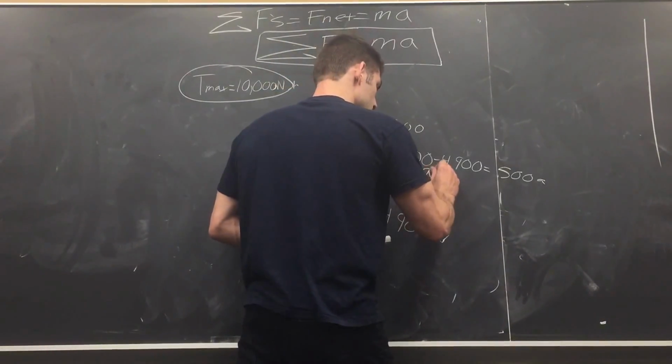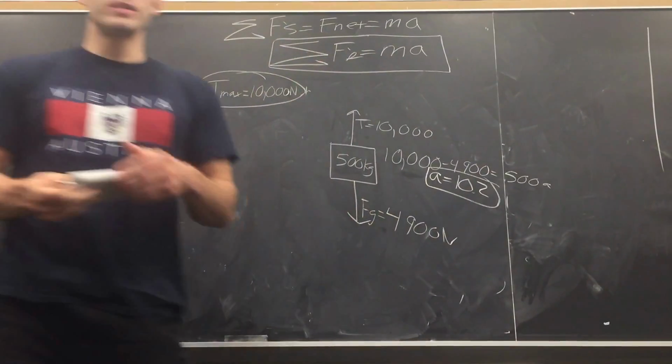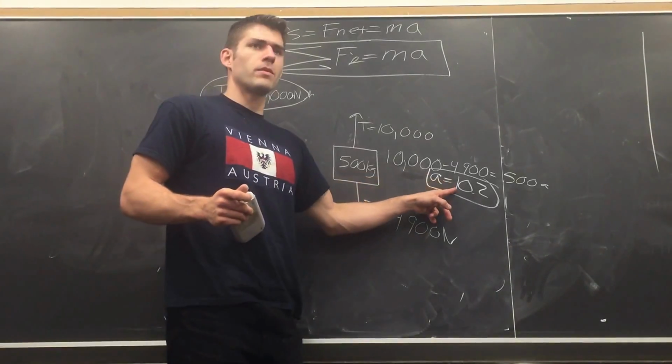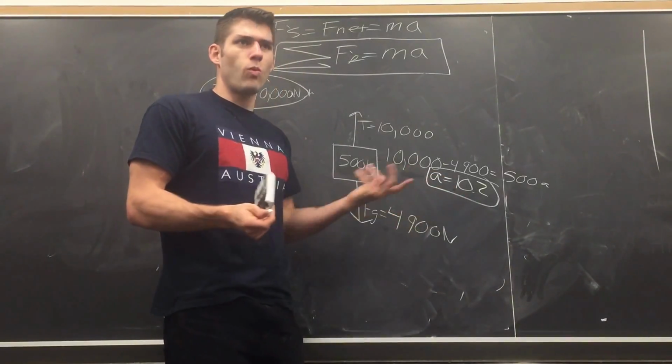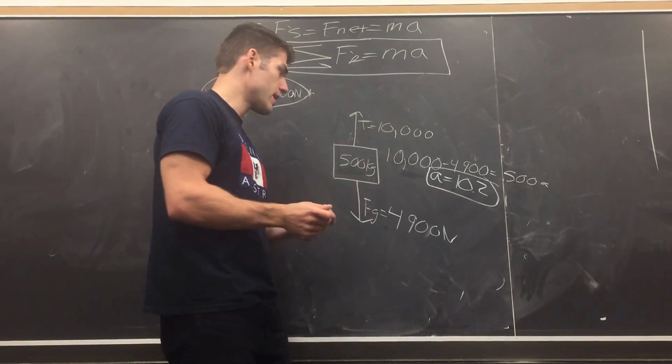The acceleration is 10.2. We said up was what direction? Positive. Yeah, up. And so this is a positive number, which is just saying what we wanted to say. The acceleration is 10.2 up. That's the maximum possible acceleration.